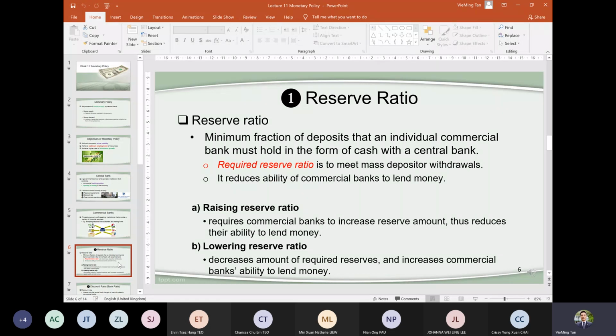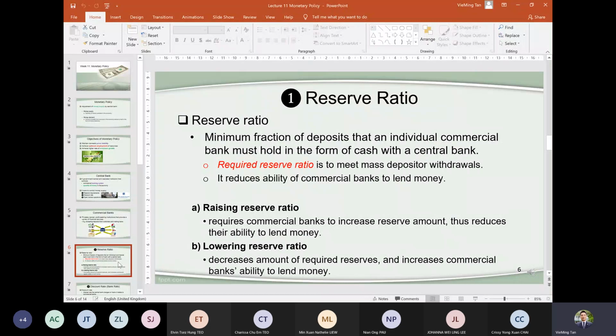Depositors means those people who save money or have a deposit in the commercial bank. This reserve can be used for emergency purposes, because sometimes the depositors of a commercial bank may suddenly want to withdraw a huge amount of money at once.